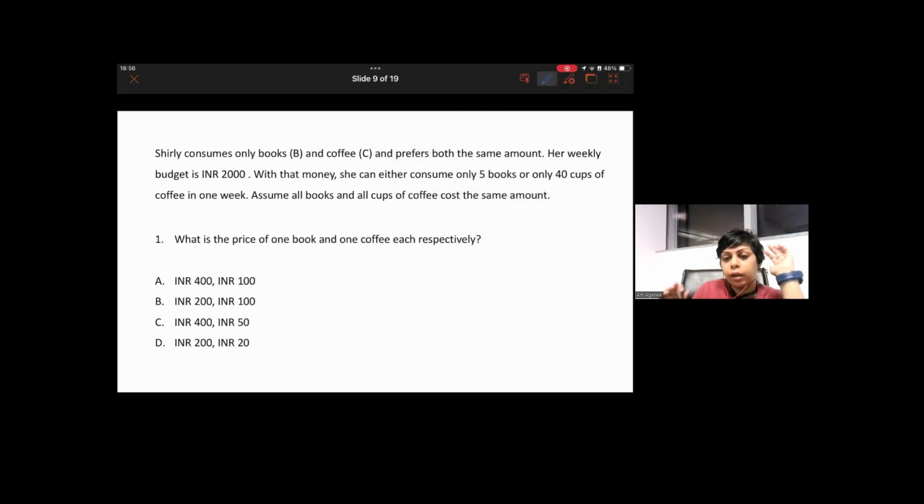We have not come to what happens when she is consuming both books and coffee. We are only saying that her total budget is 2000 and the number of books she can buy with that entire amount is 5.